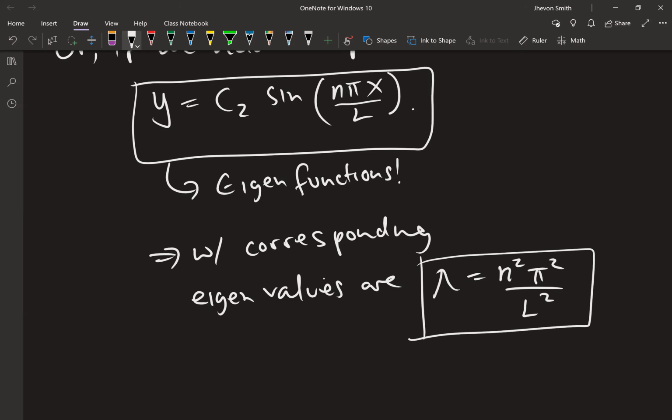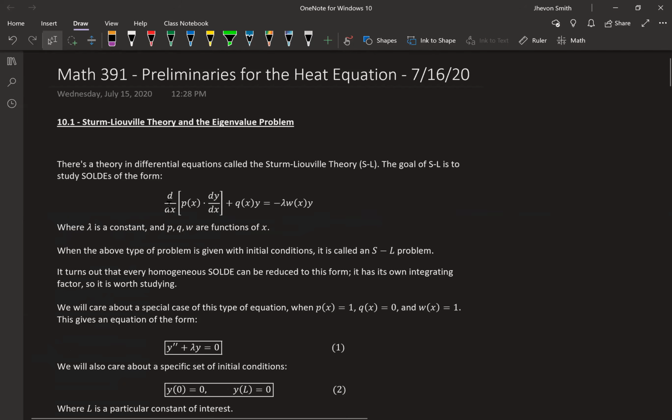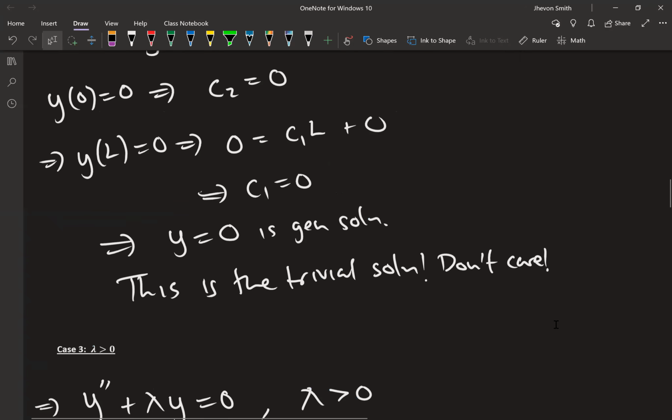So these guys are the eigenvalues, and the constant times that sine function happens to be the eigenfunctions. So a non-trivial way to solve this system that I just mentioned here is with this particular solution.